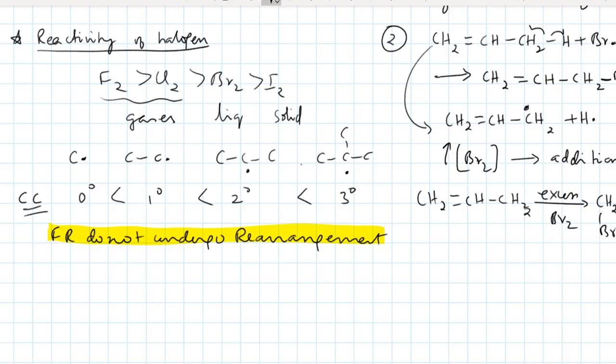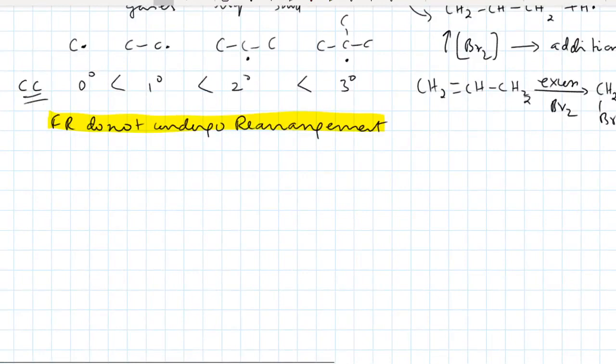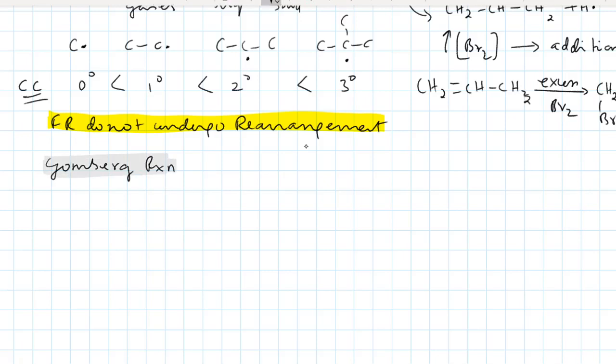Okay, in this free radical substitution we have one important naming reaction, that's called the Gomberg reaction, which is quite often asked in the entrance examinations. They may not ask you the name, sometimes they may ask you the name with a reagent. So what is the Gomberg reaction?